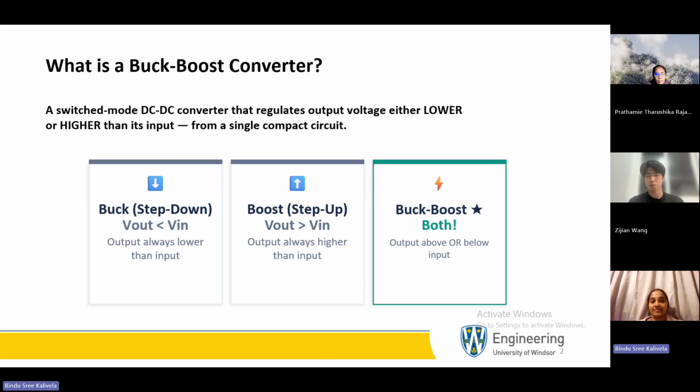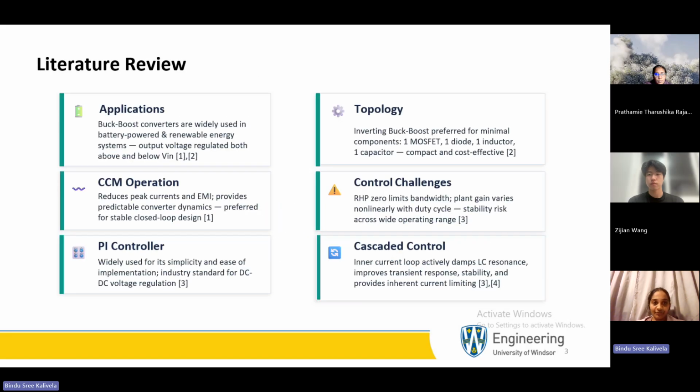power electronic systems. Coming to the literature review, from the literature we found several important points. First, buck boost converters are commonly used in battery systems and renewable energy systems, where the voltage can vary. Second, the inverting buck boost topology is popular because it uses only a few components: one MOSFET, one diode, one inductor, and one capacitor.